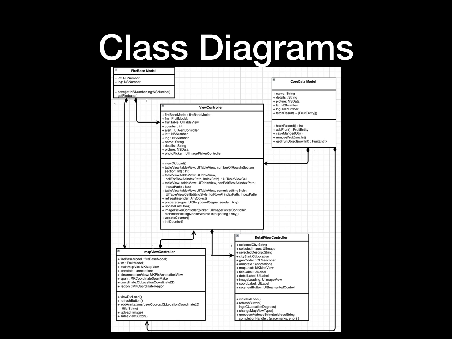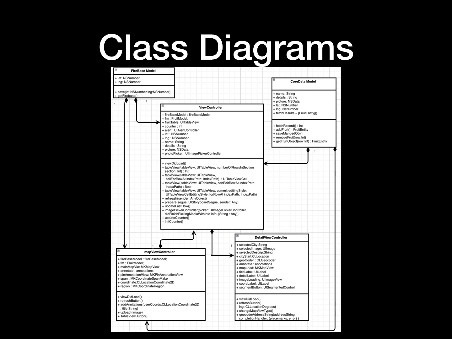And the fetch record method will get how many items there are inside of the table view. The add fruit will add a new entity or a set of data into the table view.